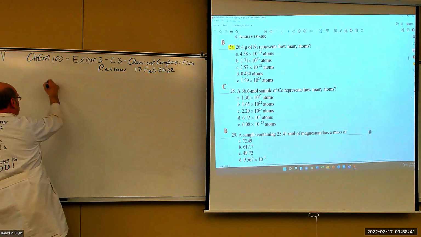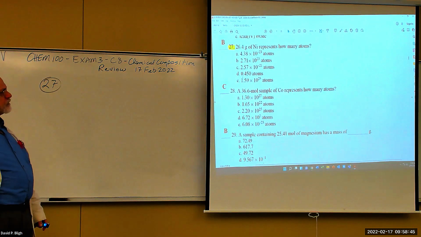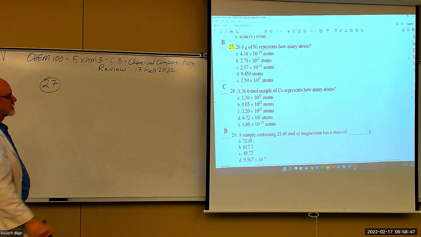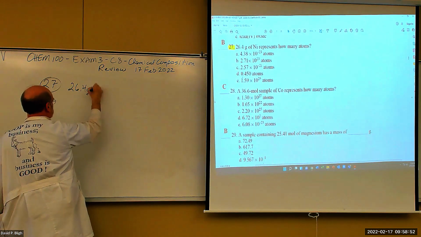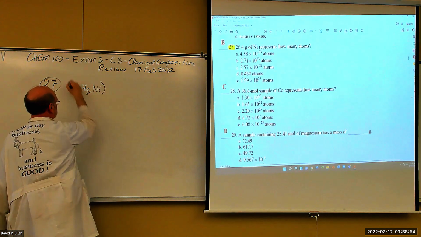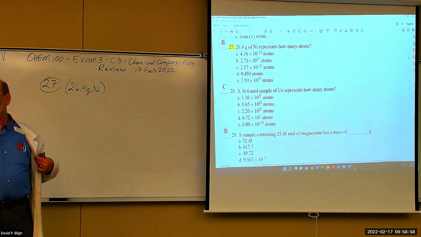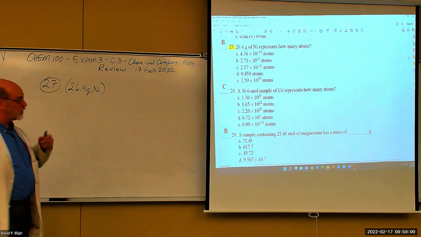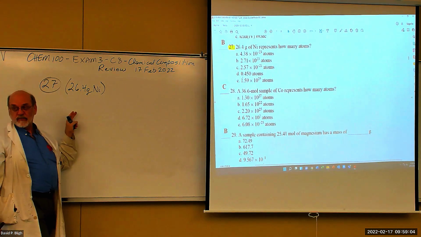27. 26.4 grams of nickel represents how many atoms? 26.4 grams of nickel. Right? We can't go straight from grams to atoms. There's no conversion that'll do that. But we can go from mass to numbers in terms of moles.